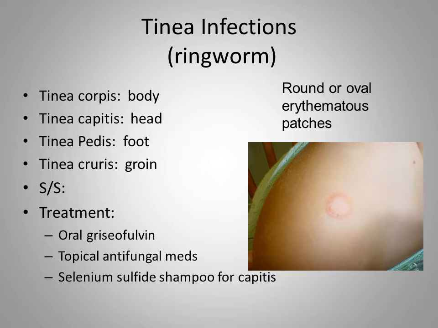It's generally very itchy, and treatment may be topical antifungal cream. However, more significant or serious cases involve the use of oral griseofulvin, which the patient has to take for several weeks, and have kidney function tests and liver function tests monitored.